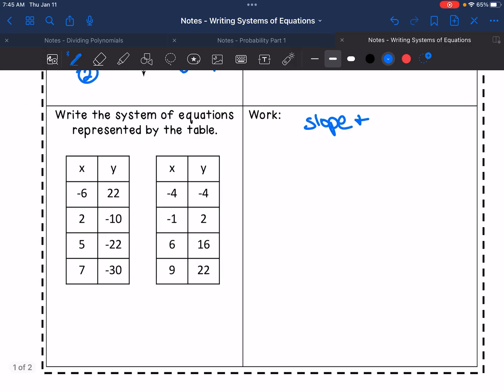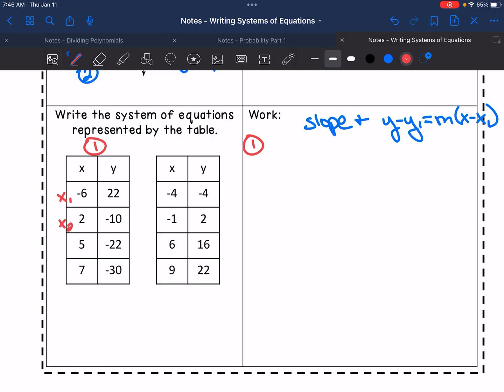I like using point-slope form, so that's what I'm going to use in this example. If you like slope-intercept, feel free to use that. Remember, you got to plug in for your x and your y, and then your m, and then solve for b. So working through this, let's say that this is my equation 1. First, finding the slope, I'm going to pick 2 points to use.